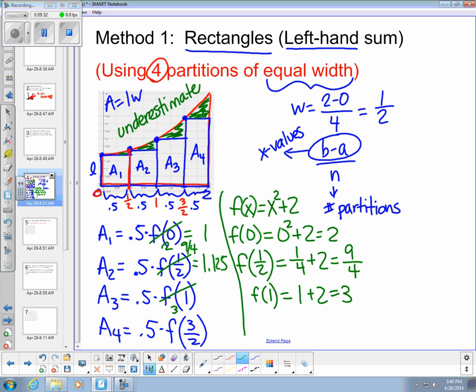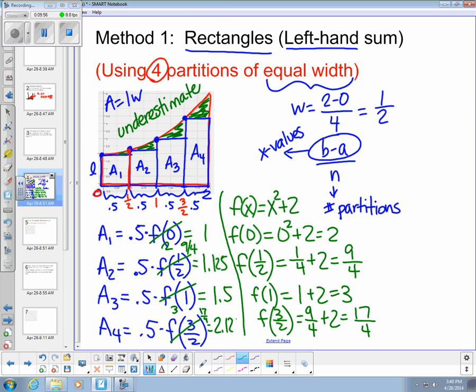So 0.5 times 3 is 1.5. And then we're going to plug in 3/2. 3/2 squared is 9/4 plus 2 would come out to be 17/4. Okay, times 0.5 comes out to be 2.125.